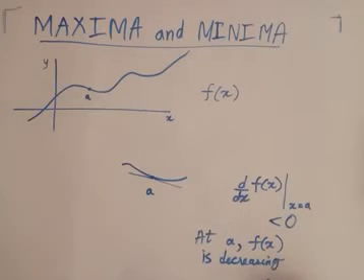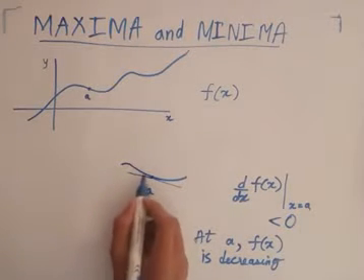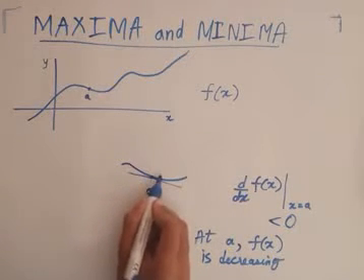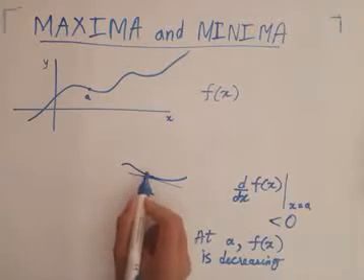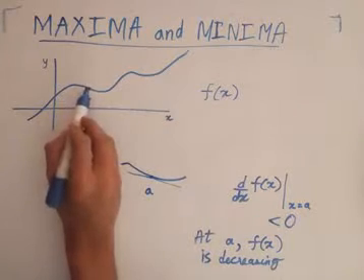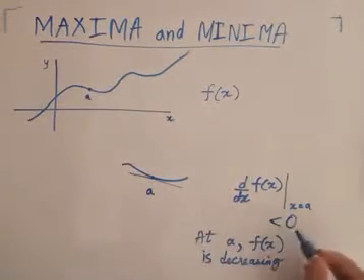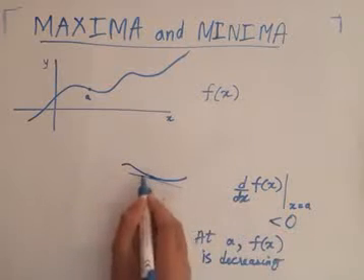Okay, so here it is important to notice that I'm talking locally. So that means at a small area around point A, a small piece of the function around point A, it is decreasing. Because of course if you look here, it does decrease, but then it also increases a lot. So this derivative, we talk only locally about it.